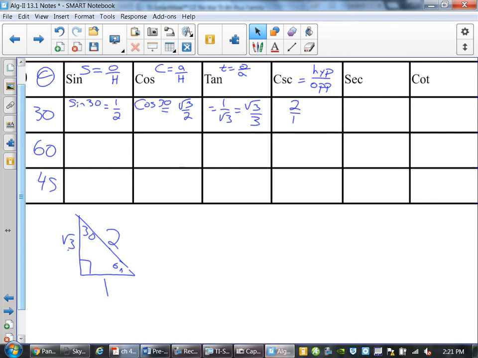Secant is the inverse of cosine. So secant of theta is 1 over cosine, or cosine of theta is 1 over secant. So if cosine is adjacent over hypotenuse, what's secant?